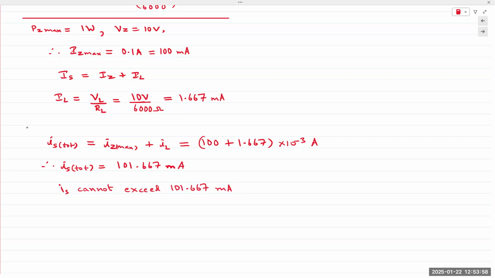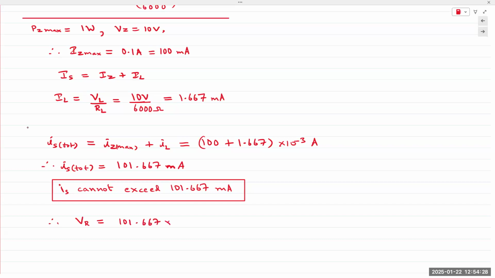You don't want a trapezoid. Right. And thus, if the maximum current coming from the power supply is 101 milliamps, then the voltage drop across R cannot exceed... R is 1200.